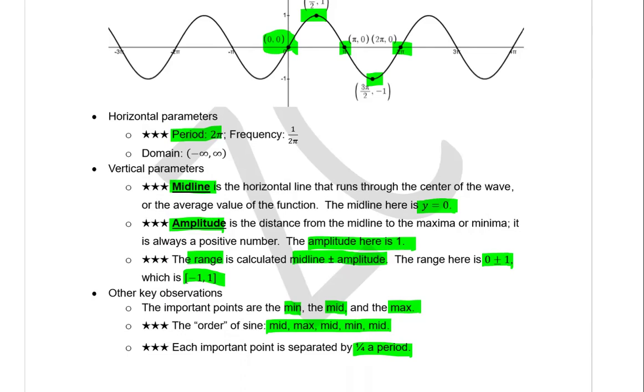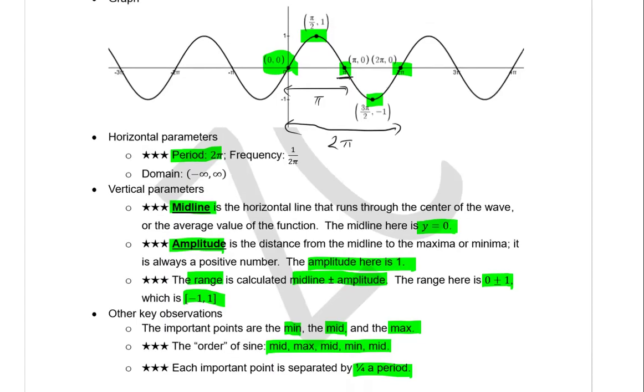Okay, let me get my pen now. The period is 2 pi. This middle point over here is just pi, so that's half the period. And this max over here is pi over 2.